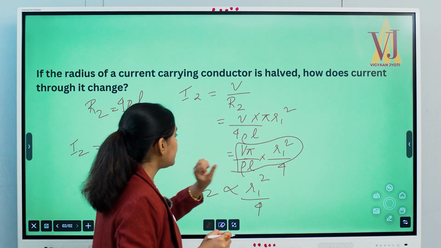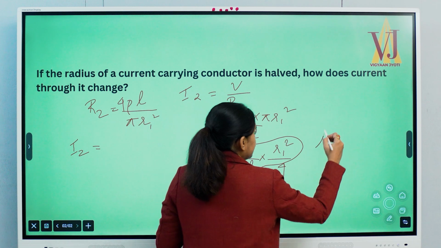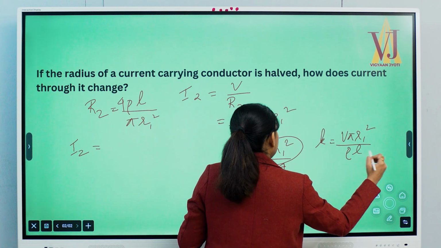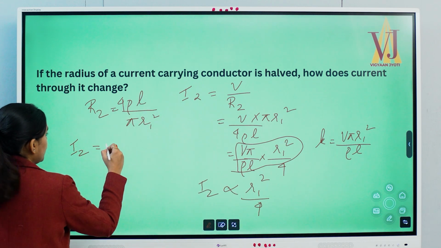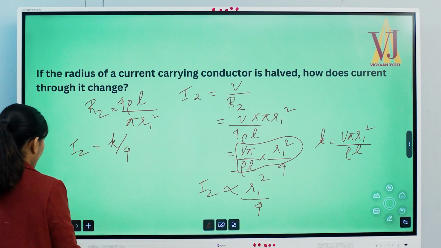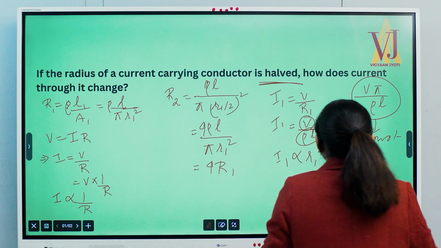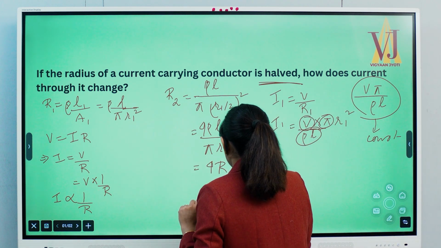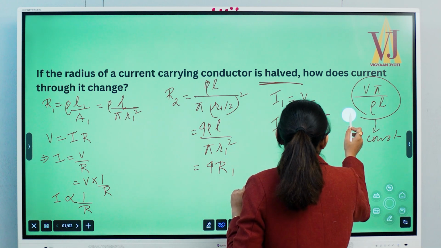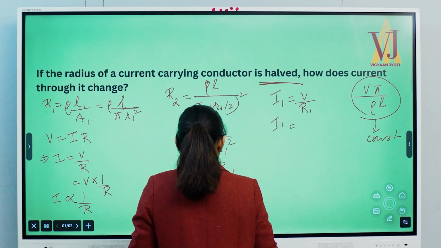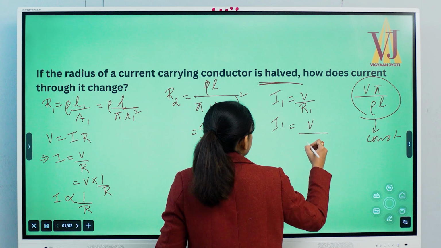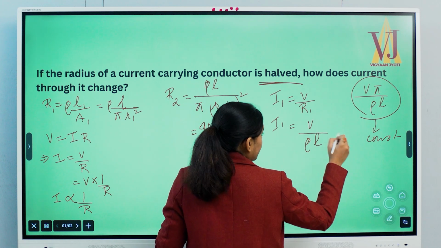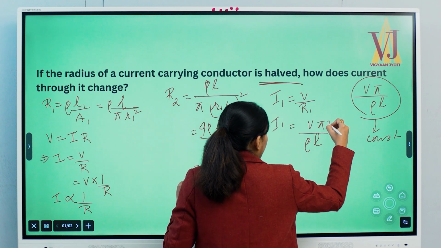Only this part if you extract, let's say this is K, V pi R1 square by rho L. Let's keep this as constant. That means it will become K by 4. If you keep this factor as constant, see, V, this is rho L divided by pi R1 square.